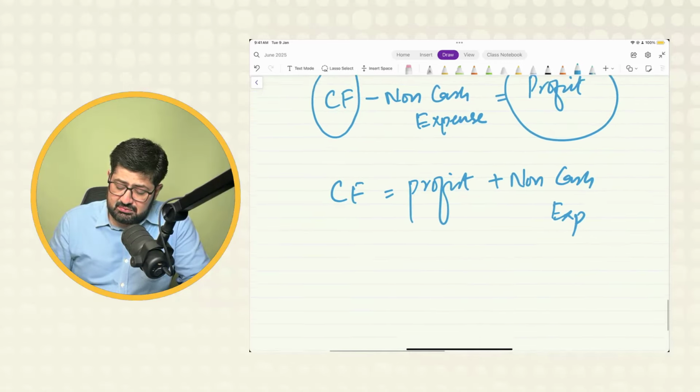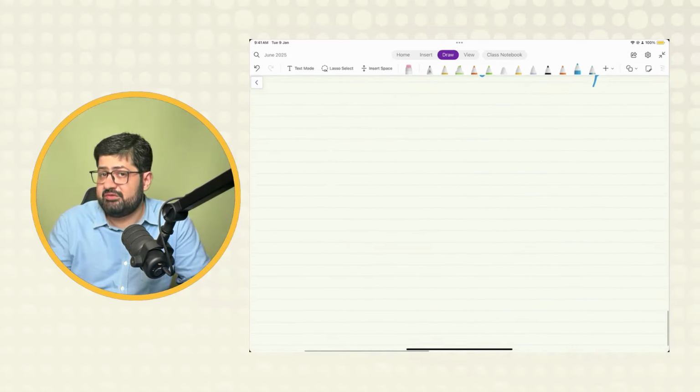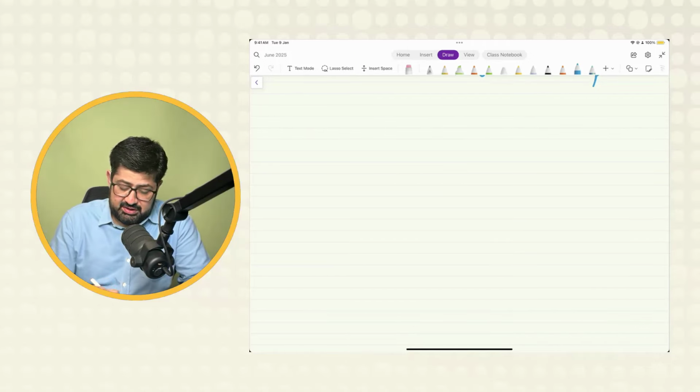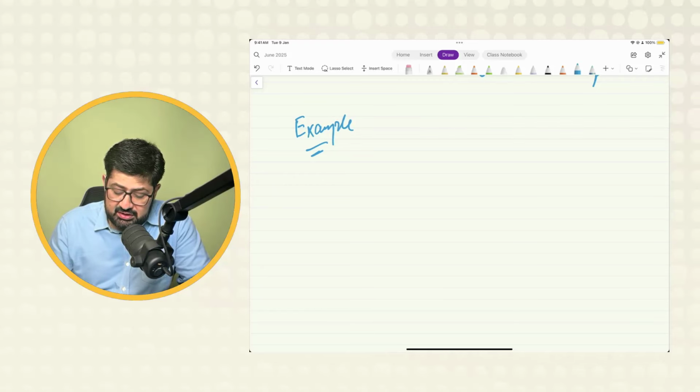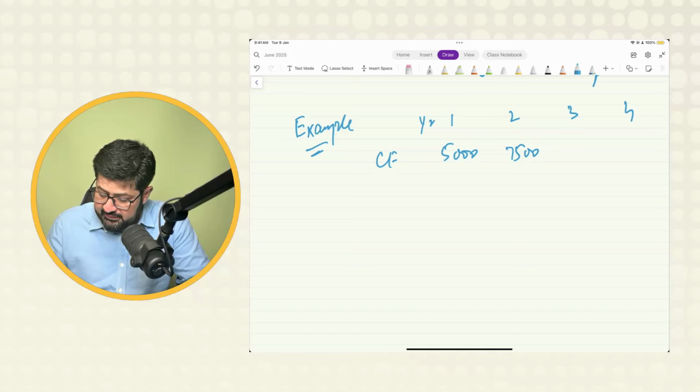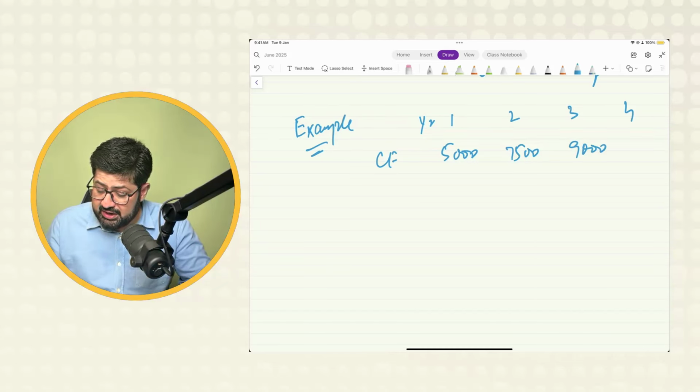Now students, why have I discussed it with you? Because sometimes you need to do it in the exam. For example, you have been given cash flows of the project. This is the year, and the cash flows are here: 5,000, 7,500, 9,000 and 10,000.